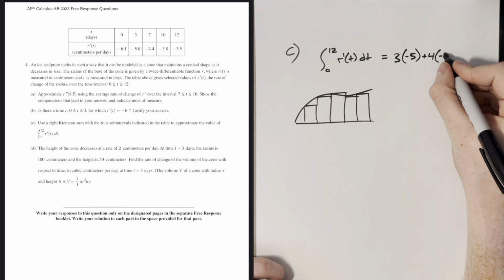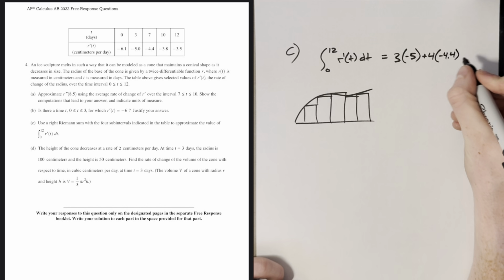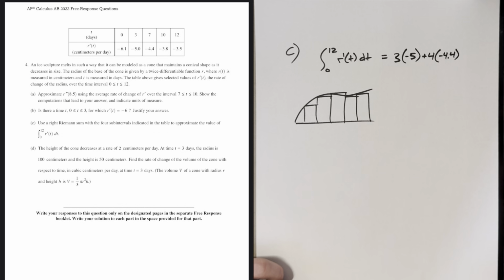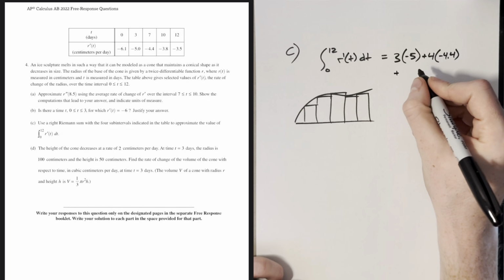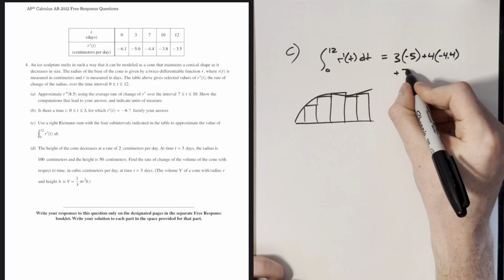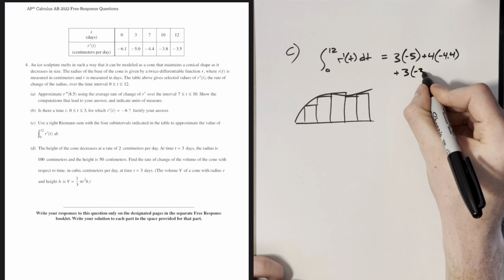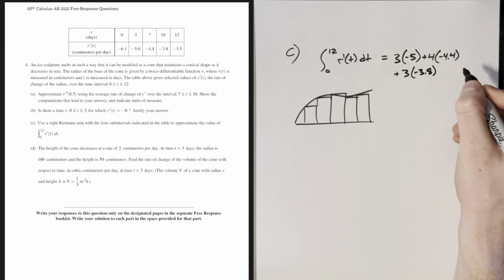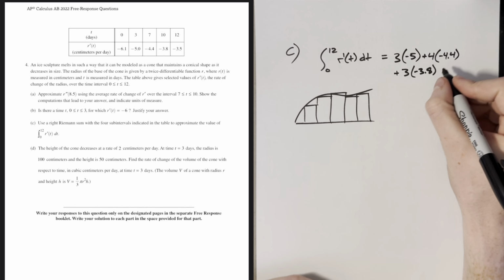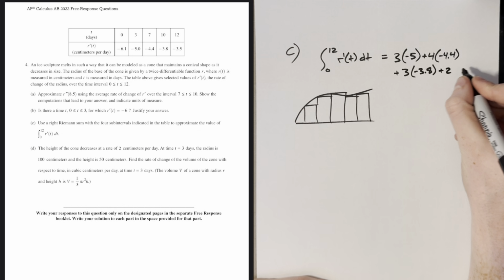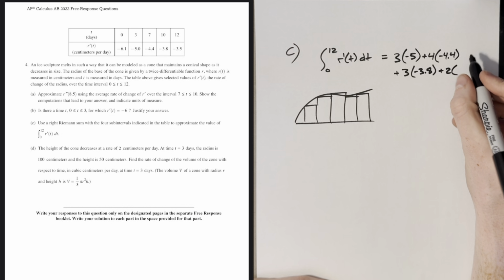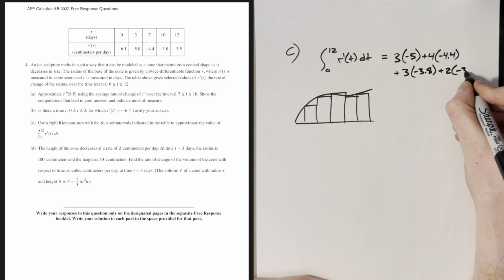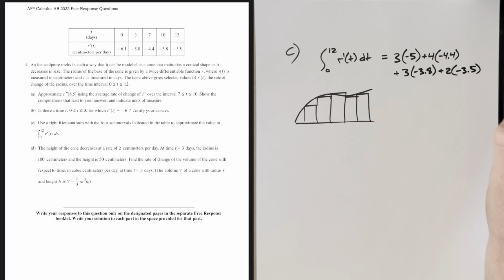And its value is -4.4 at t equals 7. The next one has a length of 3 as well. It has a value of -3.8. And then the final one has a length of 2, and its value is -3.5.